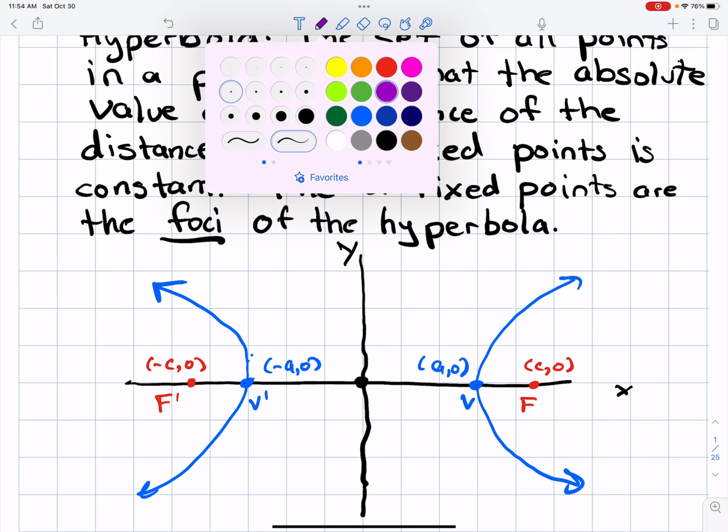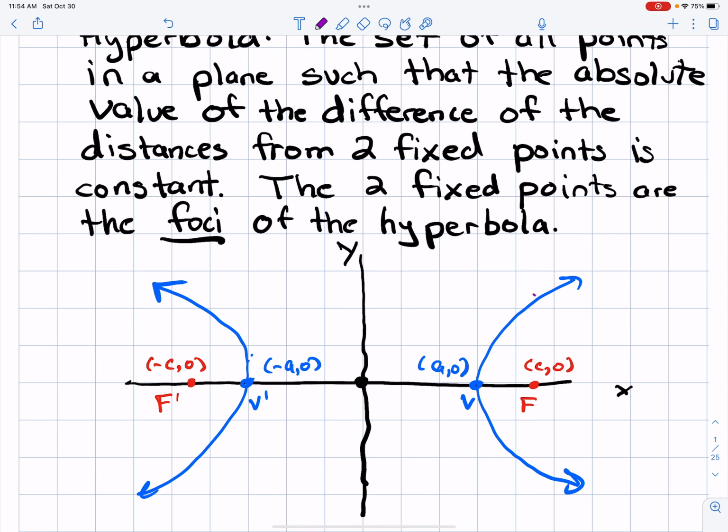So let me draw just a random point P, some point on the hyperbola. It can be anywhere on the hyperbola. But the definition is looking at the distances that you see in purple.